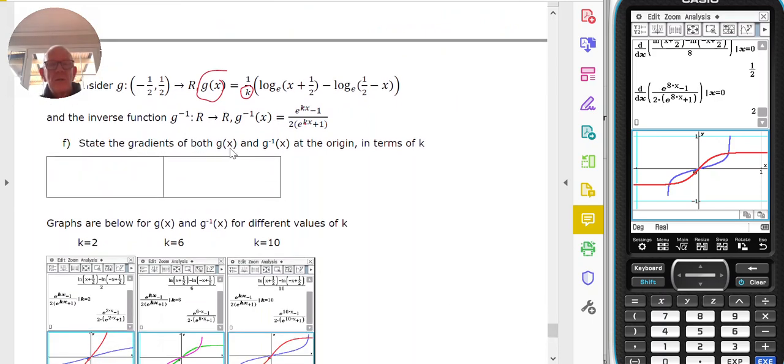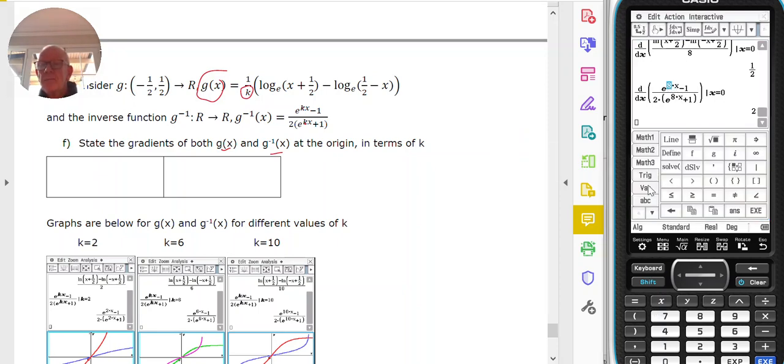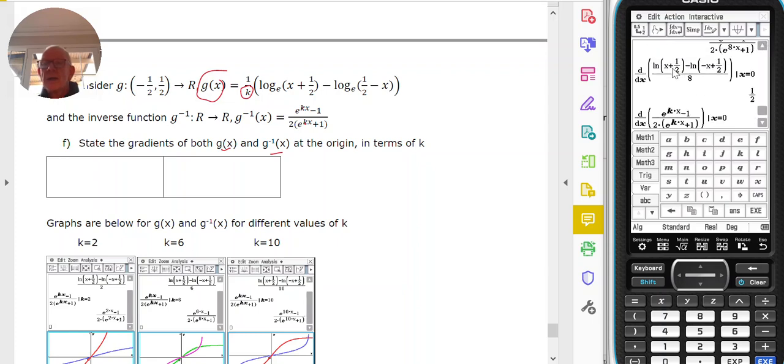State the gradients of G and the inverse at the origin. Okay, so I'm now going to turn that into a and turn that into k. And luckily I kept the other one. That's going to be 1 on k.